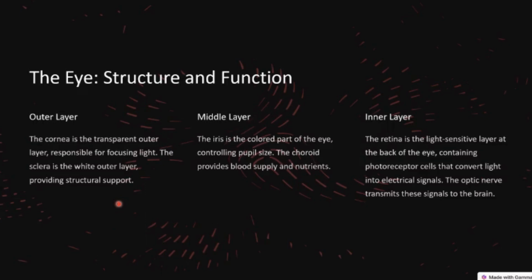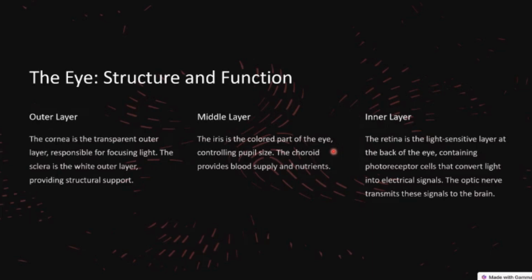So what does the lens do? It focuses the light onto the retina and changes shape to focus on objects at varying distances. Moving further to the middle layer, it has the iris and pupil. The iris is the colored part of the eye.